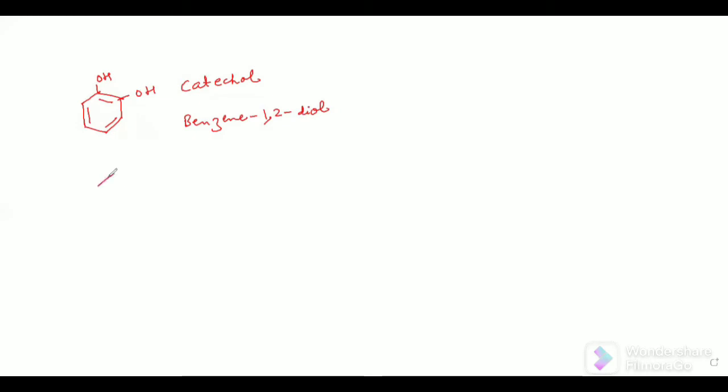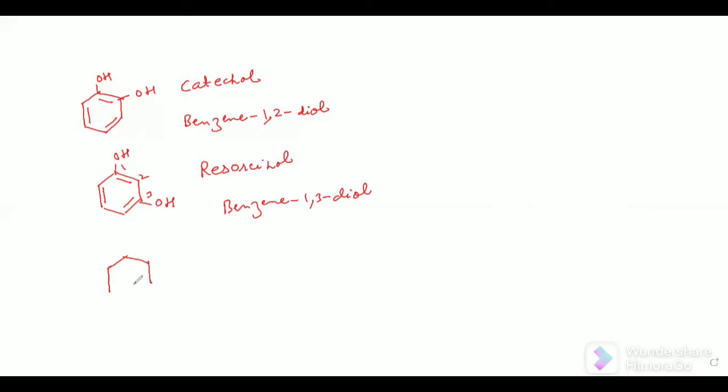Next example is here, in which there is a benzene ring and two OH groups, but now the positions are different from the previous one. The common name is resorcinol. Now, if we start numbering from here, 1, 2, 3, it will be benzene-1,3-diol.